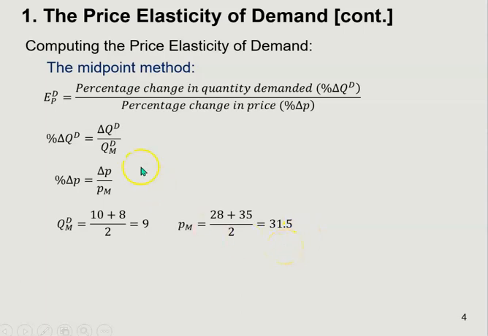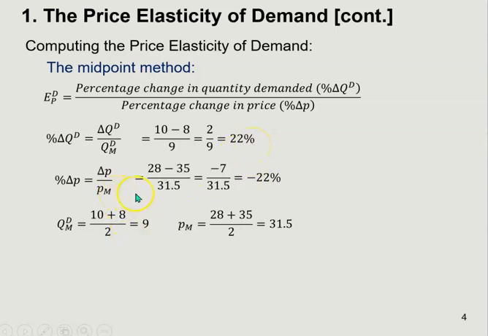Now let's recalculate the percentage change in quantity. Remember, the quantity in the second case goes up from 8 to 10, so we use the final quantity minus the initial one, which gives us 2 divided by 9, so it's going to be 22%. The price drops from 35 million to 28 million, so we use the final level, 28 minus 35, divided by the midpoint price, 31.5.